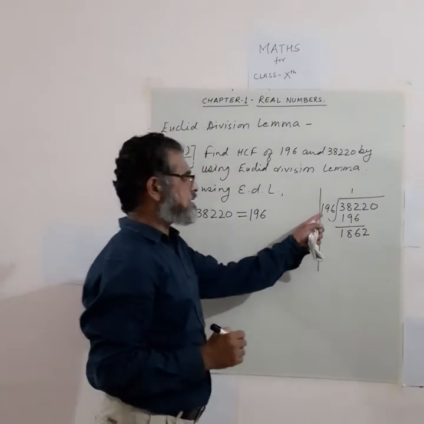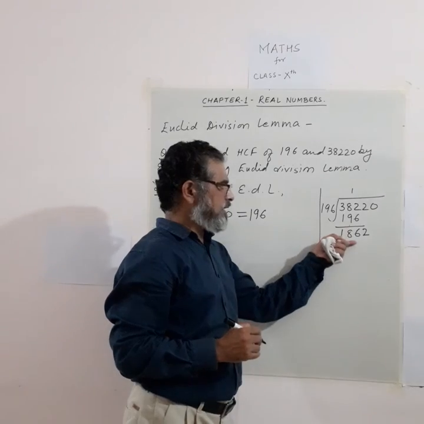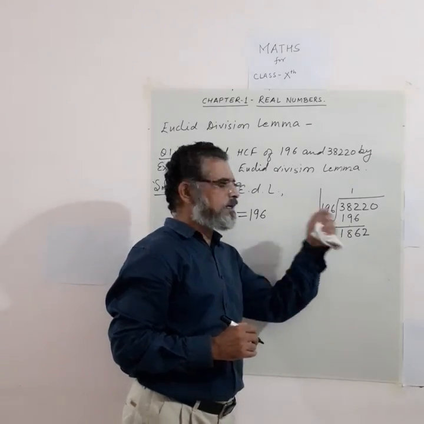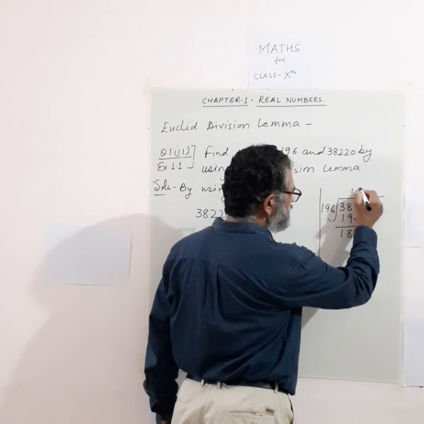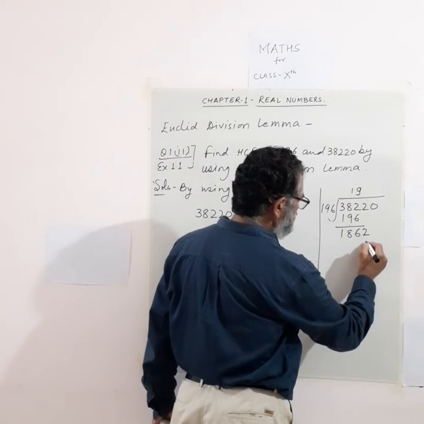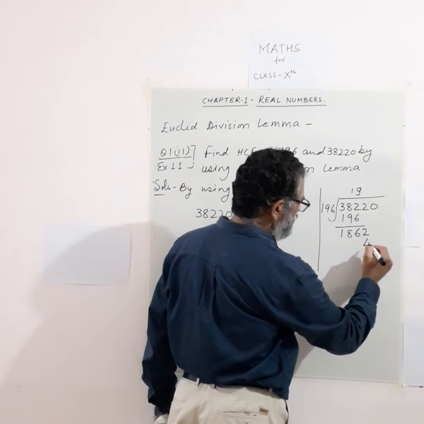Now 196 is the divisor and 1862 is the dividend. Again we divide; it will be 9 times.